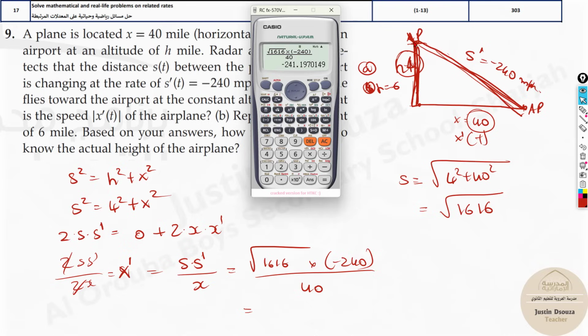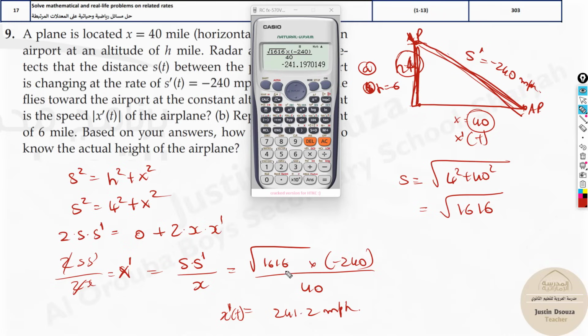The rate of change of distance between the plane and the airport is constant vertically, so the speed over here is x dash, and that is what we found: negative 241, but I'm not going to write negative, it's just 241.2 miles per hour. That is x dash with respect to time.